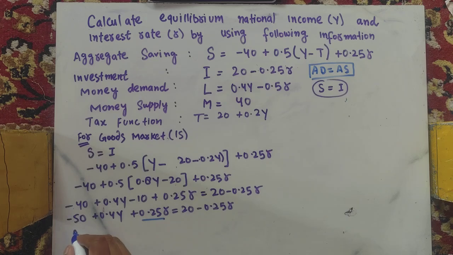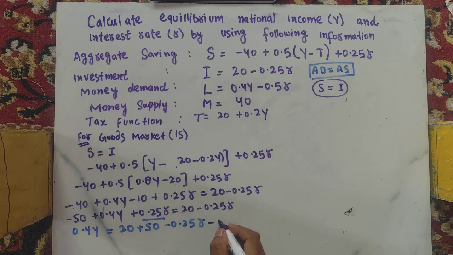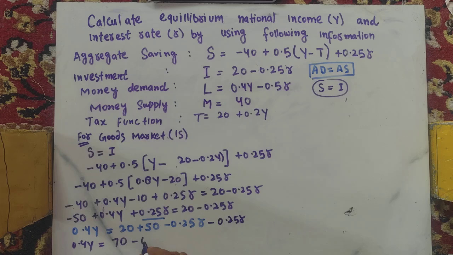Let me solve it. We have 0.4 y is equal to 20, transposing the negative 50 it becomes plus 50. Then we have negative 0.25 r, and transposing the other 0.25 r it becomes negative 0.25 r as well. So 0.4 y is equal to 70 minus 0.5 r.